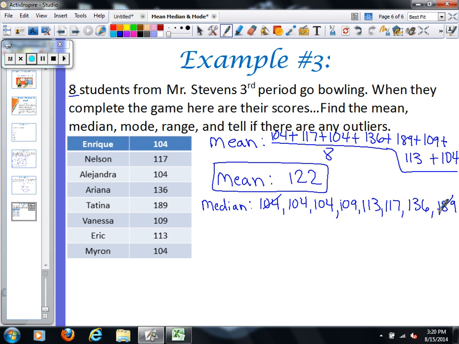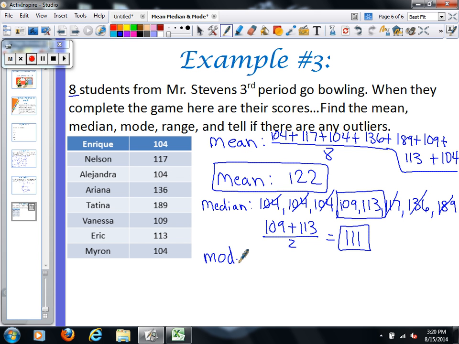You have 2 in the middle. So you're going to do 109 plus 113 divided by 2. 113 plus 109 is 222. Divided by 2 is 111, giving you a median score of 111.